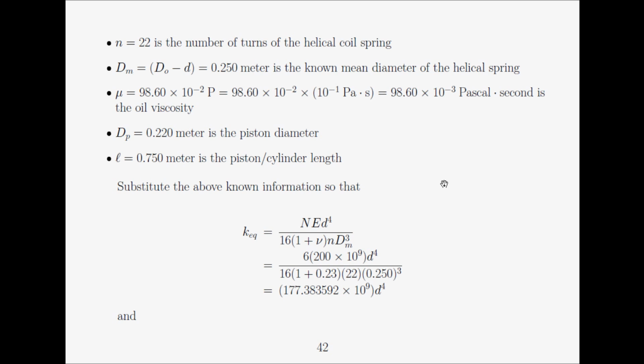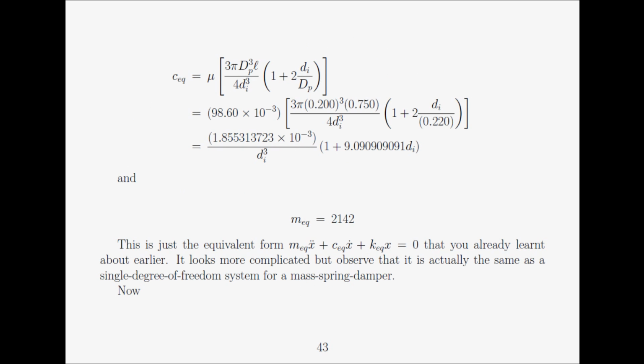We do exactly the same thing for the damping constant, and then we have another equation. The mass of the train is constant. It's invariant. It's not affected by the damper and the spring. Essentially, the reason why we do that is because the mass of the train is so much larger than the mass of the spring. You can look at that in practical terms.